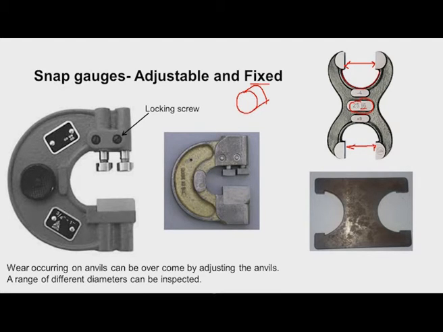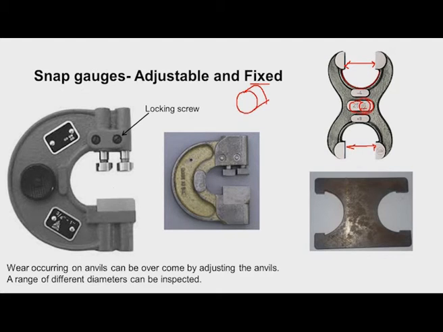Otherwise, say the tolerance itself changes, the design engineer will change the design itself, the tolerance itself. In such cases we cannot use such gauges, whereas here the adjustable gauges can be changed. If tolerance changes these anvils can be moved and they can be set to the new required sizes.